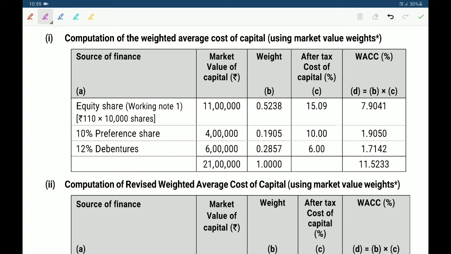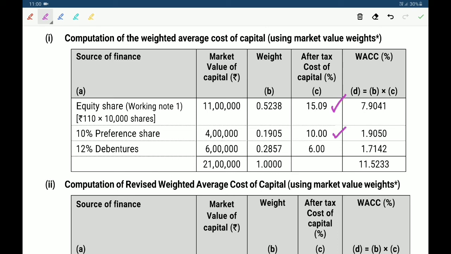So weights: 11 lakhs by 21 lakhs, 0.5238. 4 lakhs by 21 lakhs, 0.1905. 6 lakhs by 21 lakhs, 0.2857. Total 1. Next, after tax cost of capital, we already find out cost of equity 15.09.